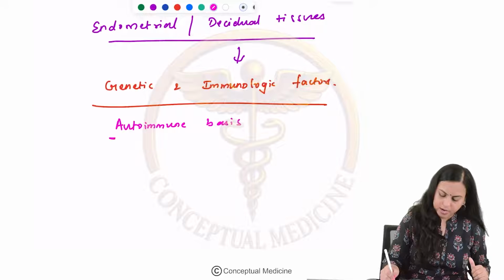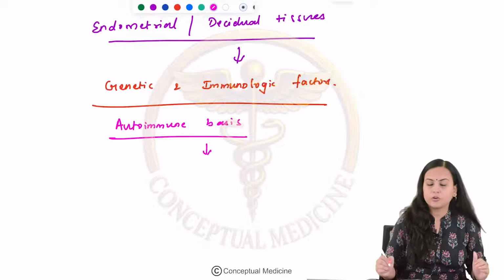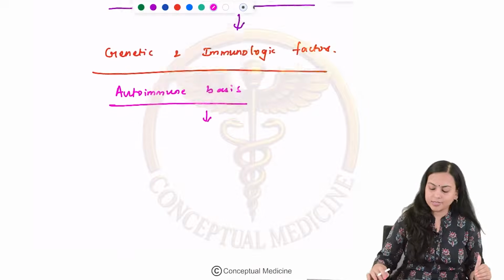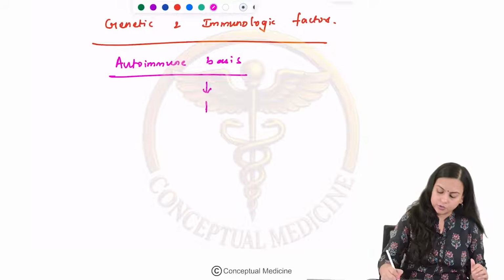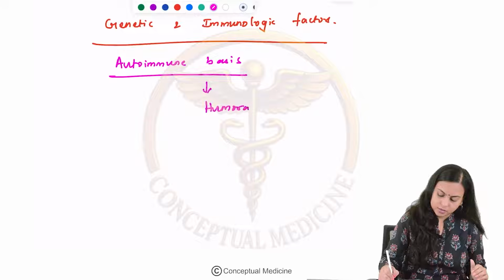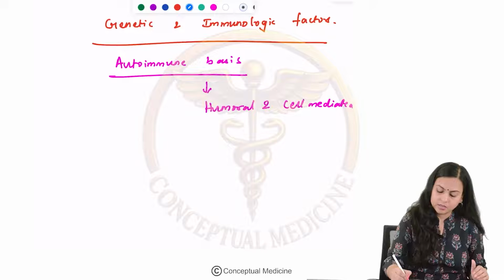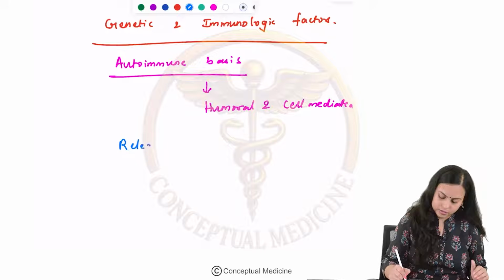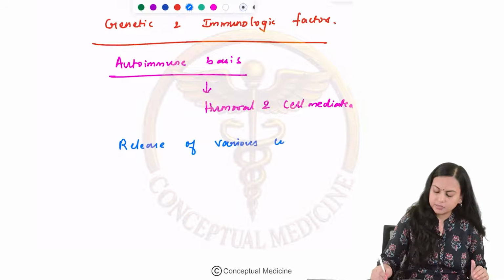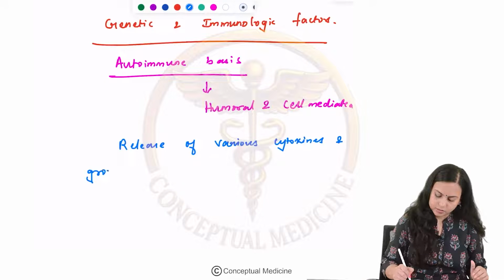And this autoimmunity affects both humoral as well as cell mediated immunity. Because of this, there is release of various cytokines and growth factors as well.